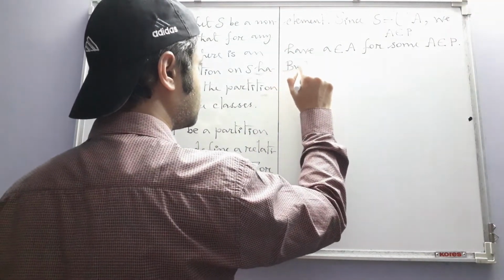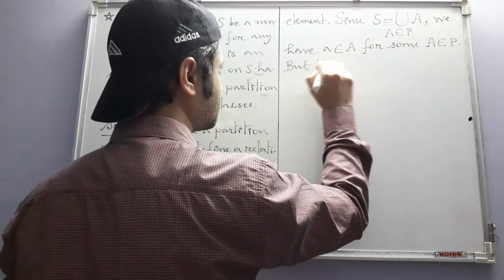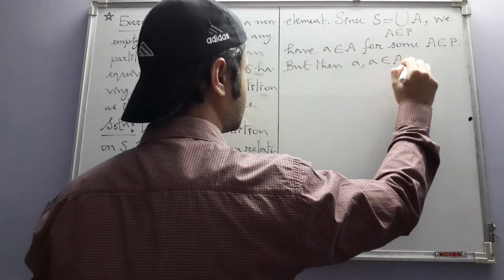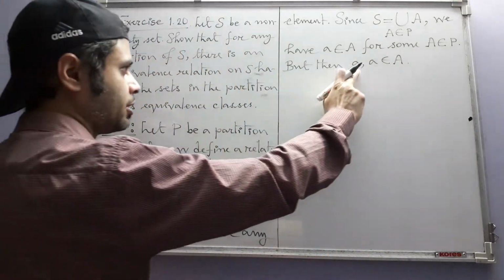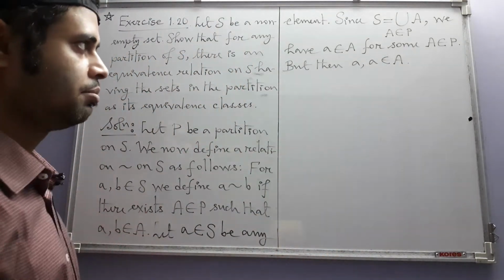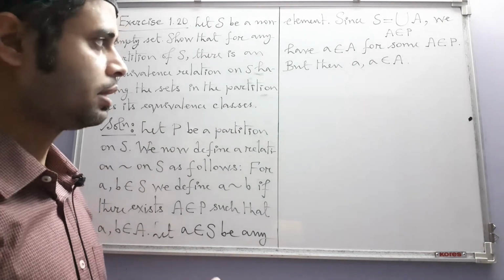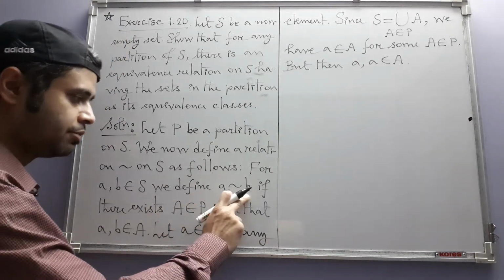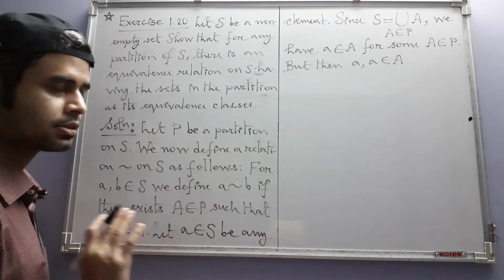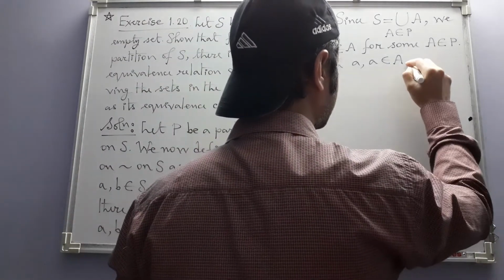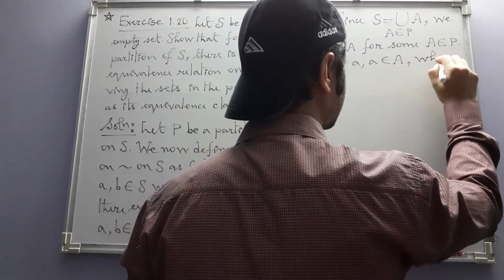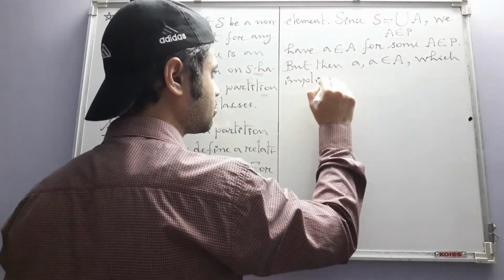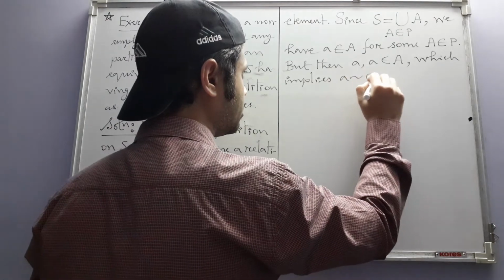But then a and a belong to A. It seems like there is no point in writing this because here we are just mentioning something twice. a belongs to A as well as a belongs to A, but because of the way we have defined the relation, this is necessary. But then this implies that a is related to a.